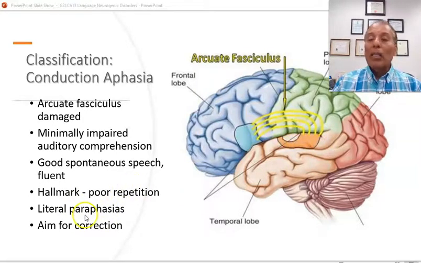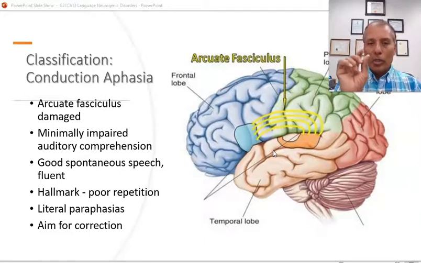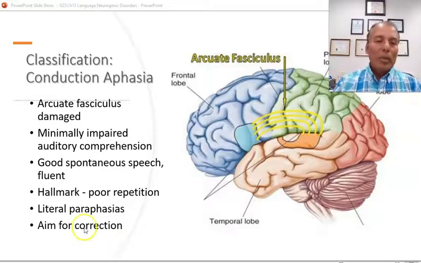They make a lot of literal paraphasias. For example, instead of burger, someone might say durger. Bike, they might say spike. So they just change one letter or one sound and replace it with another.